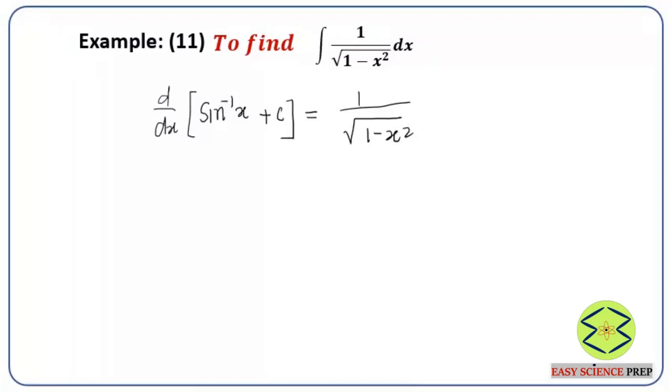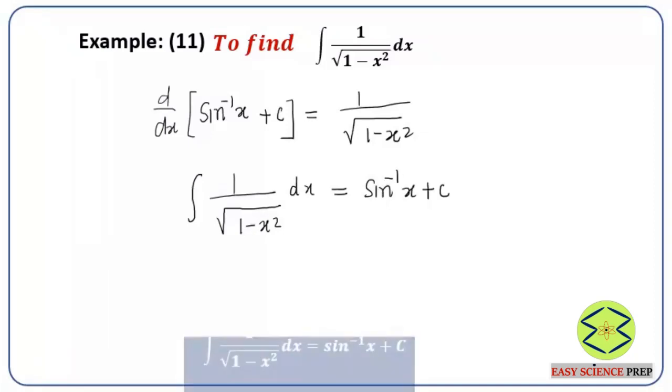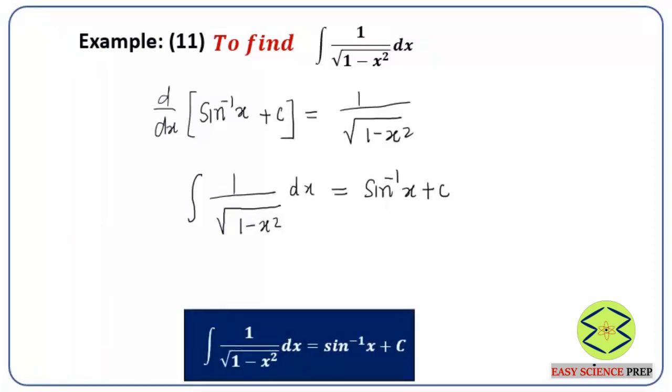So if I bring this derivative on this side, that will become integration. So I can write down the integration of 1 divided by under root of 1 minus x square is going to be sine inverse of x plus c, which is what we have got here.